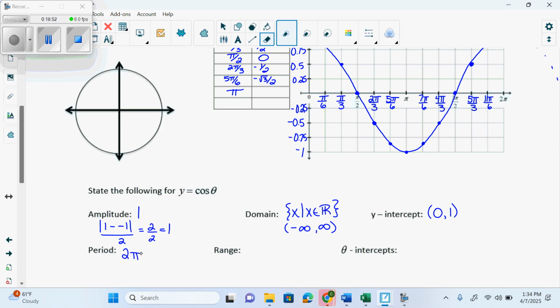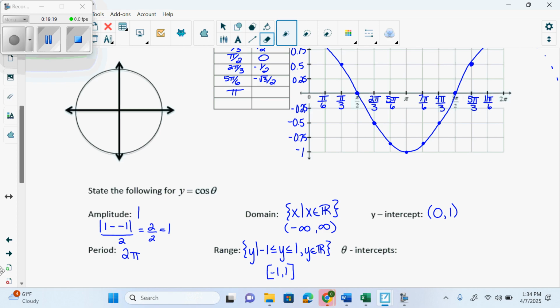The range? Y such that negative 1 is less than or equal to y is less than or equal to 1. Y is now in the reals. Negative 1 to 1. And the intercepts are at pi over 2 and 3 pi over 2. How far apart is that?